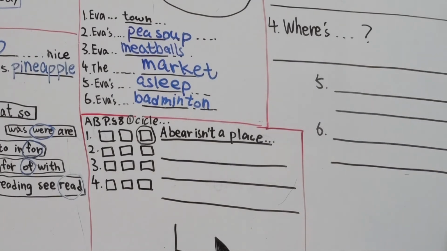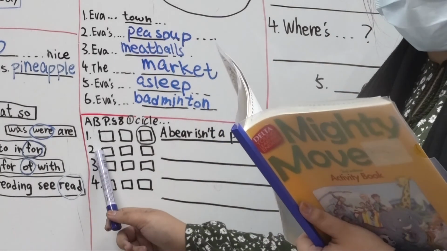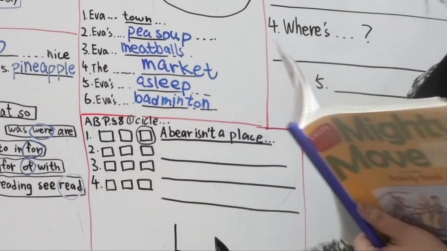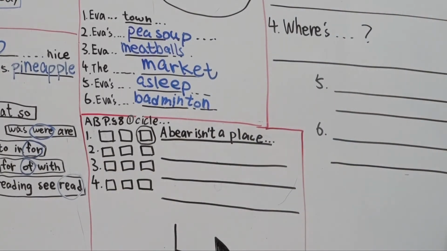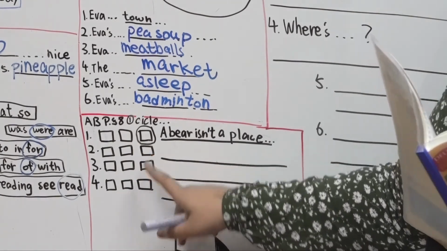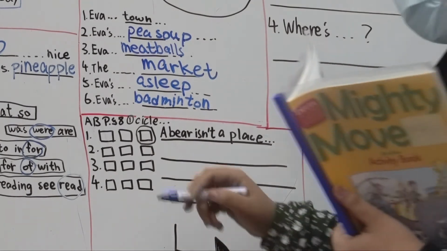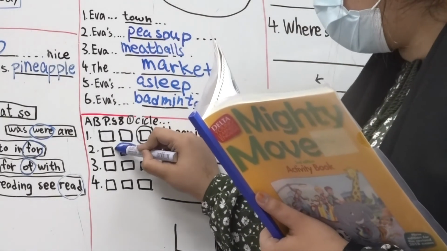All right, let's go. Number 2, picture number 1 is pineapple. Next, CD, orange. Which one is the odd one? The odd one is CD, right?